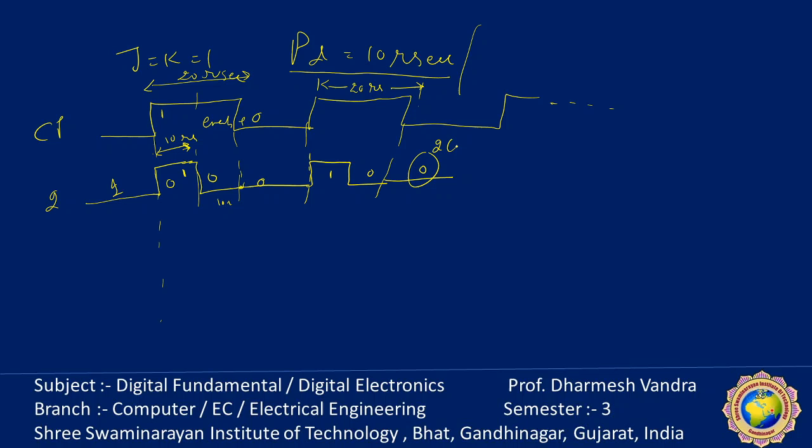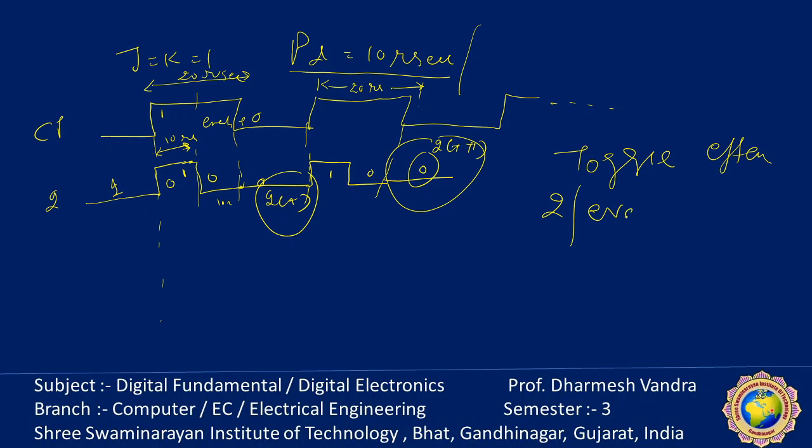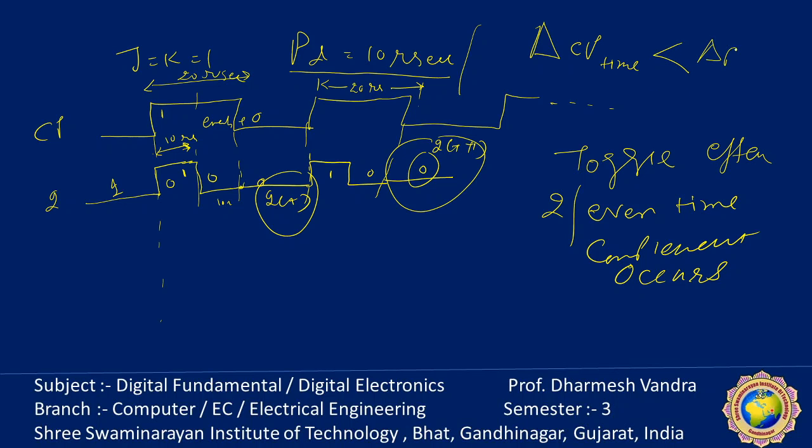So Qt+1 is equal to Qt, and this is the toggling effect: two or an even number of complements occur. So it is better that the width of the clock pulse is always less than the propagation delay time. This is one solution.